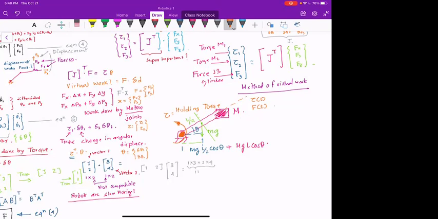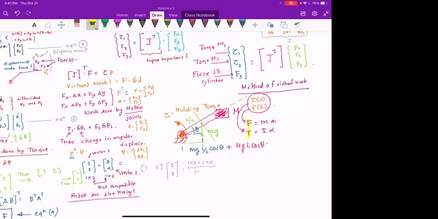And when we look at the equations of motion, please understand all this can be used. F is equal to m times a, and tau is equal to I times alpha. The method of virtual work is used to find out these quantities on the left hand side.